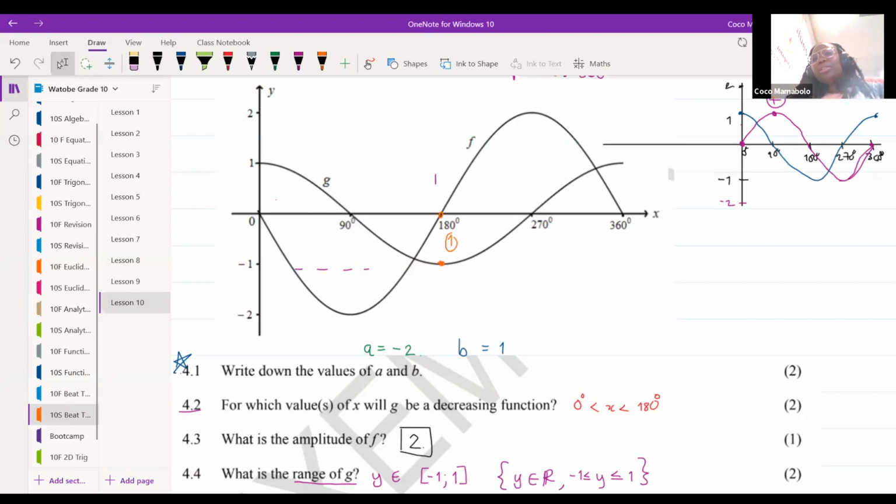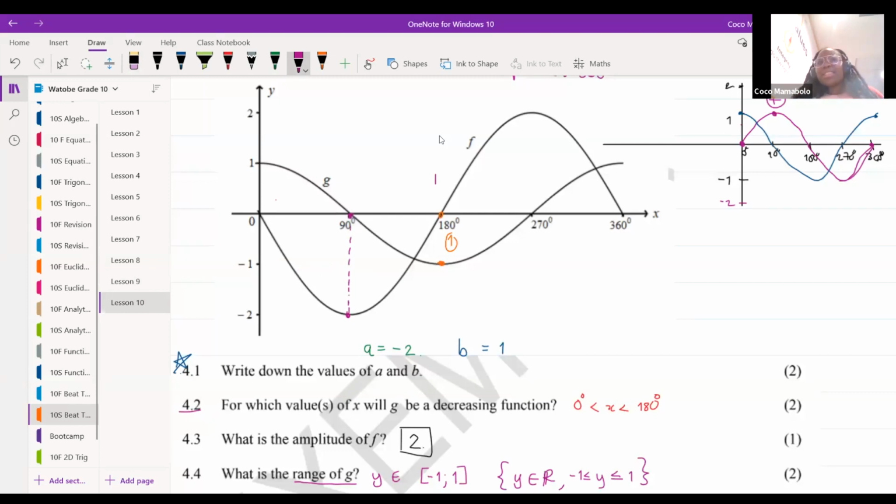Can anybody tell? Look for a place along the graph where if I minus the two of them from each other, I'm going to get a value of 2. That's it. Amazing. Good.